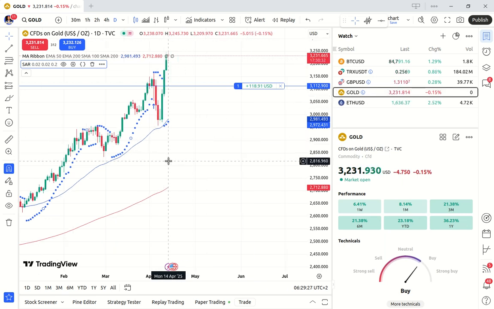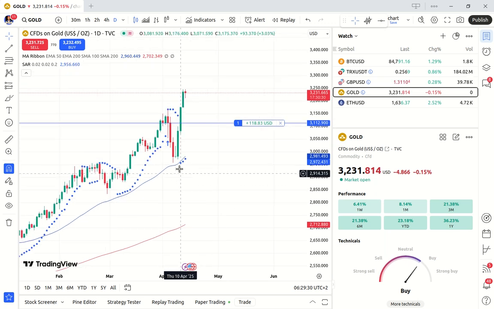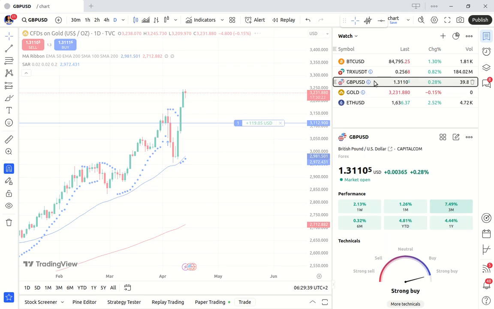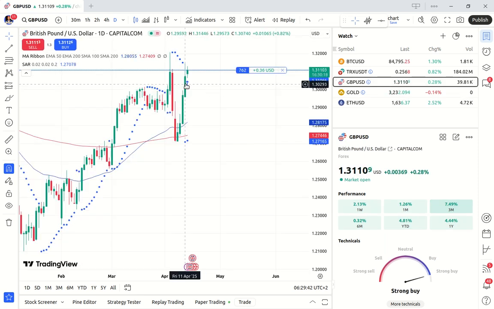An example is here. As soon as the gap happens, that's when you want to enter, right there at the market open. Exactly what we did for gold, and exactly what we have done for Forex.